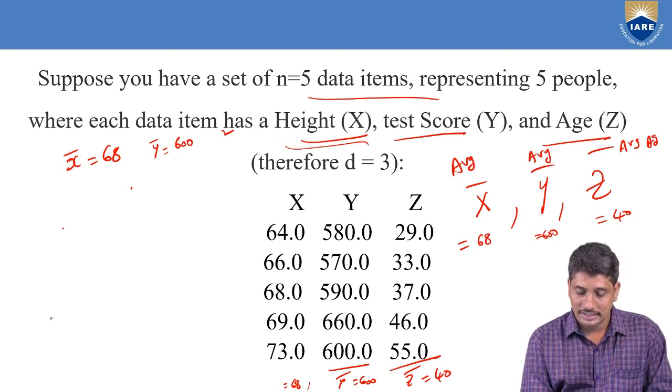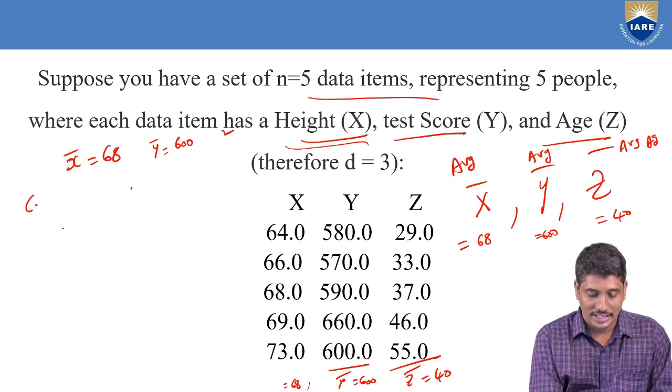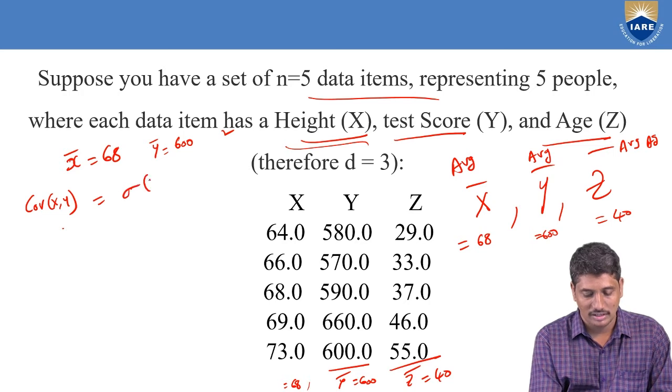And we'll calculate the covariance between x and y. The covariance between x and y is also denoted as sigma x comma y.